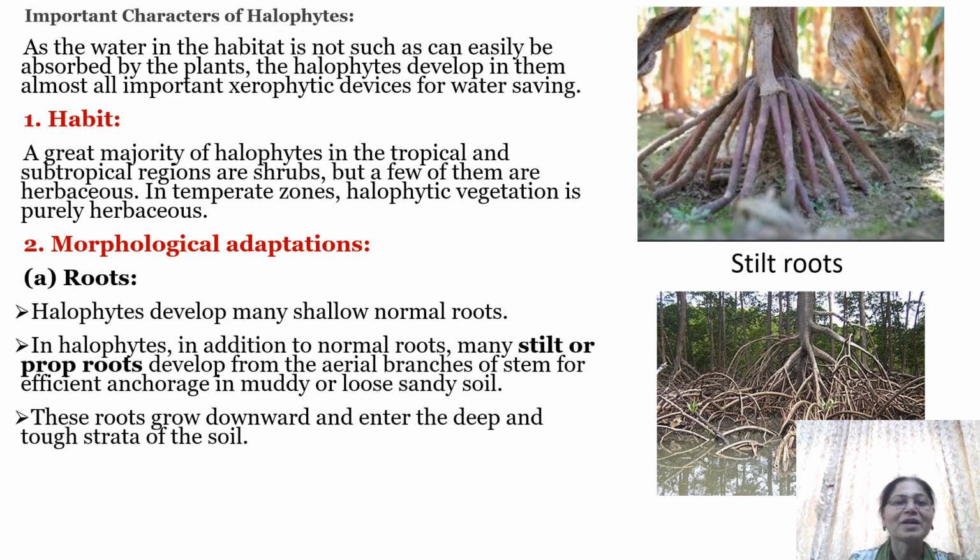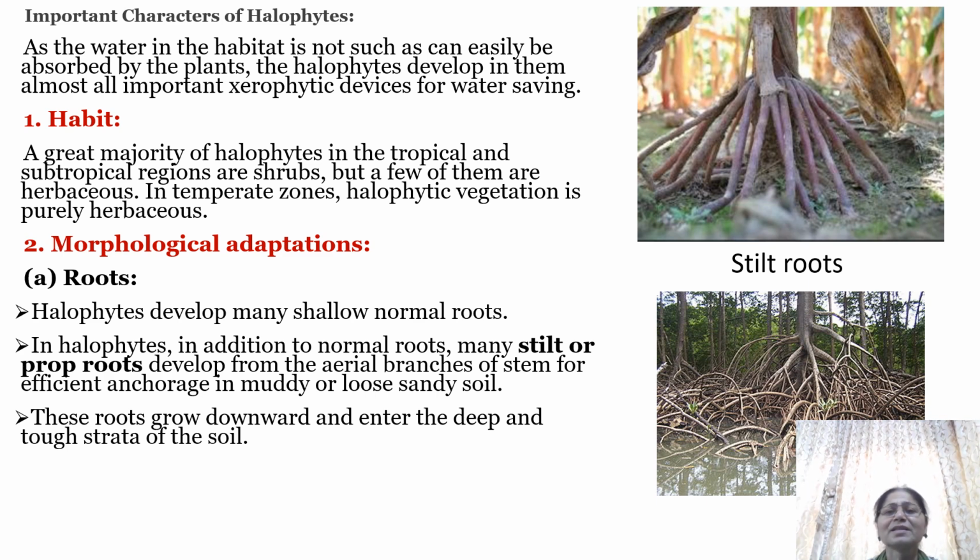Another important characteristic of halophytes: because there is a deficiency of water, this group of plants develops all those adaptations which typical xerophytic plants have. Regarding their habit, most of the plants are herbaceous, a few are shrubs.